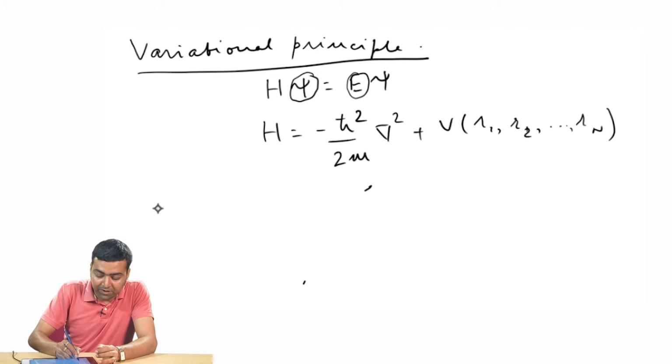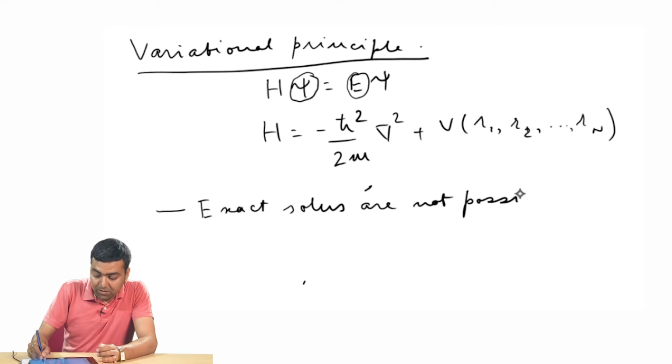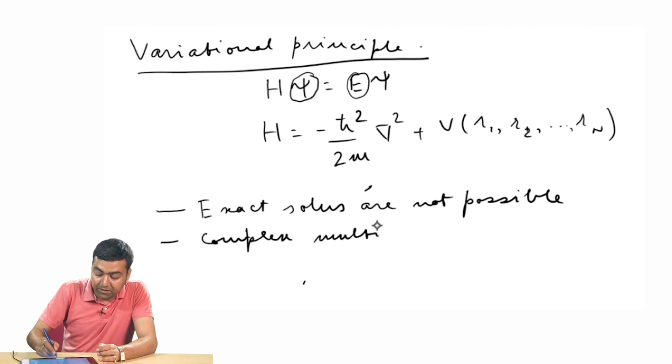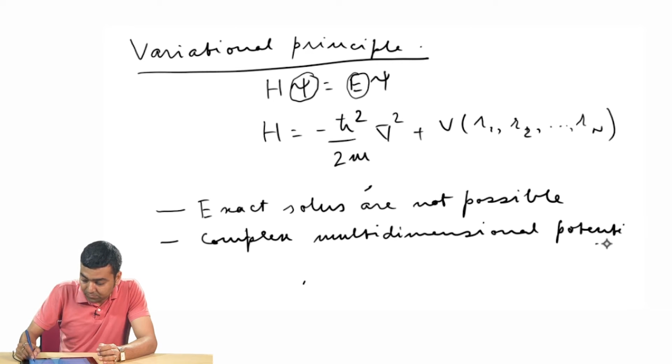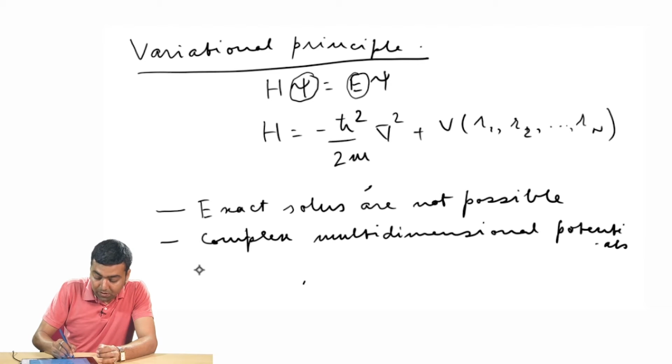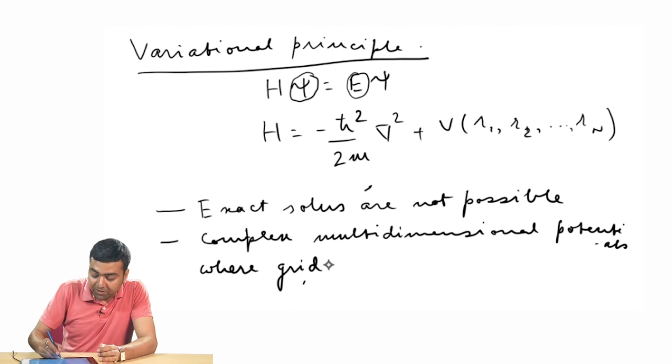So, when do we use this variational principle? The first is when exact solutions are not possible. The second is for complex systems, complex multidimensional potentials, where grid based methods become inappropriate or expensive.